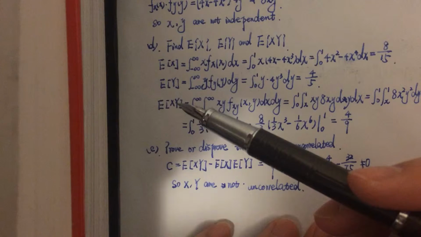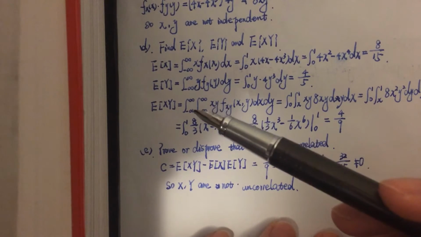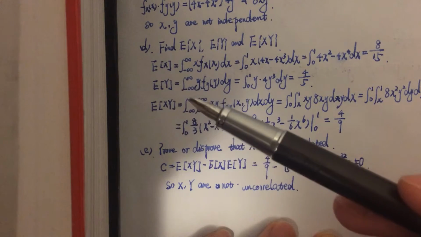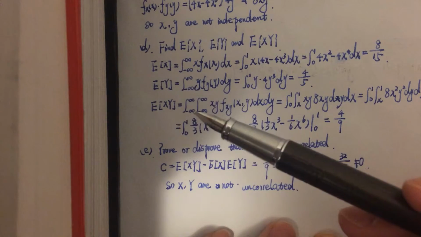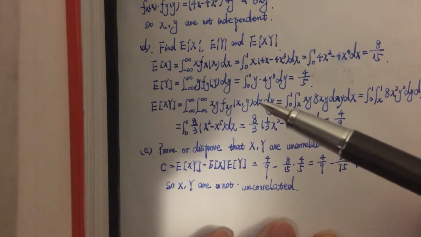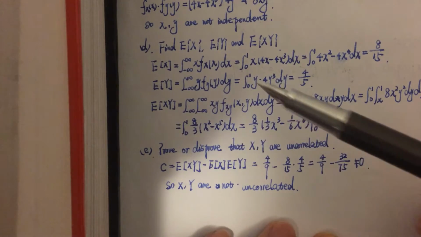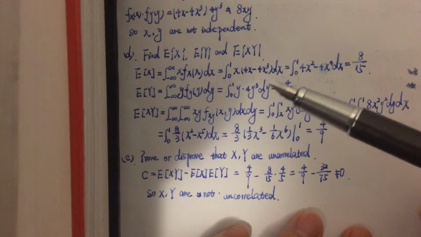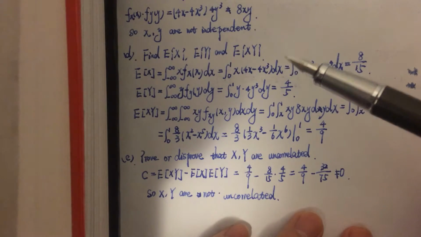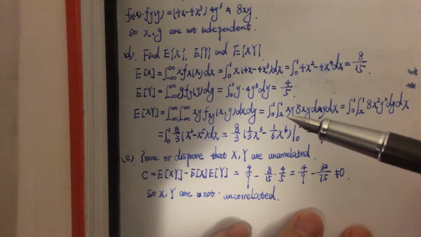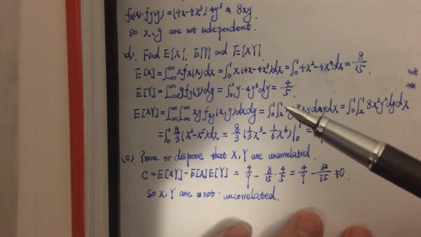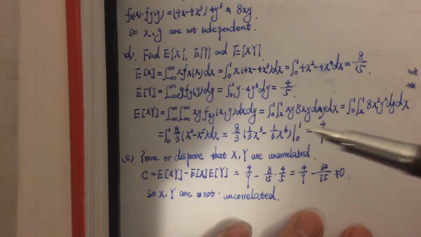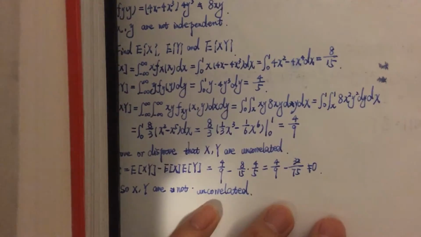Finally is E of XY. This value can be expressed by this formula, and according to what we have done above, we can also confirm the limit of this integration: for dy from x to 1, and for dx from 0 to 1.